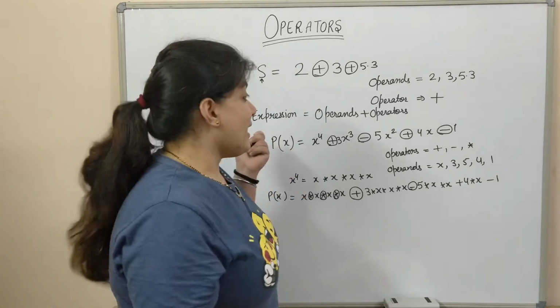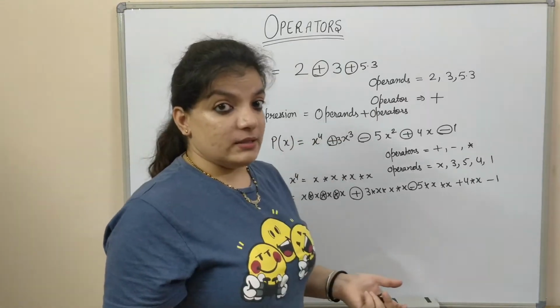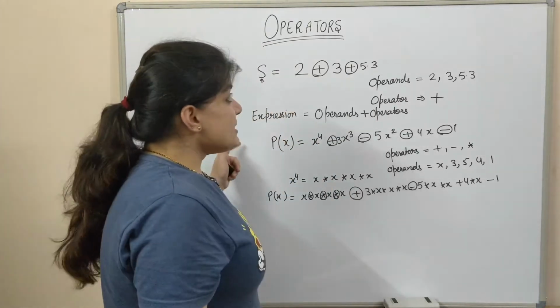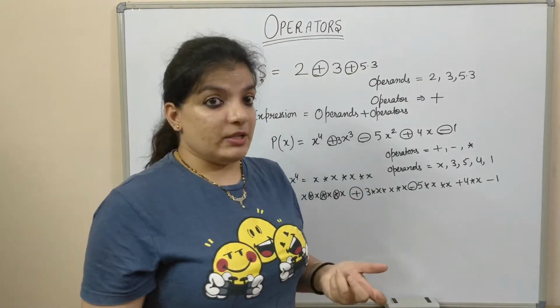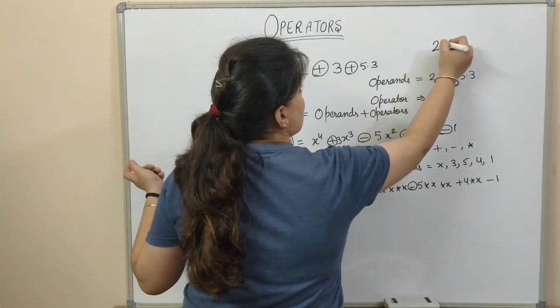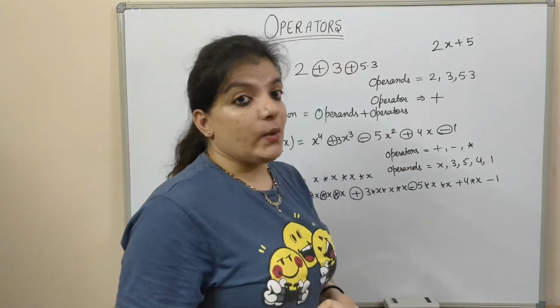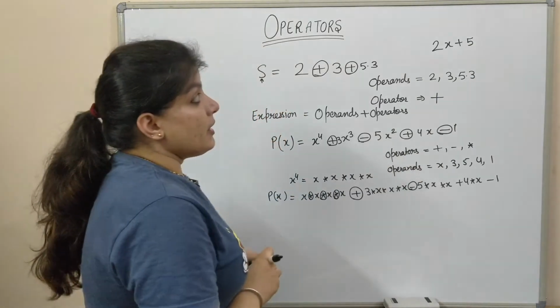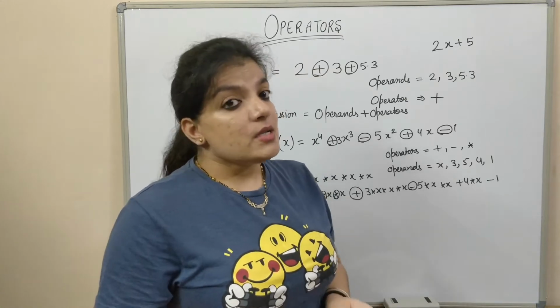As I told you, expression is a combination of operands and operators. By this example, I would like to show you how we write an expression. In mathematical terms, we call something like 2x plus 5 an equation, but in computer programming we call it an expression or a statement.